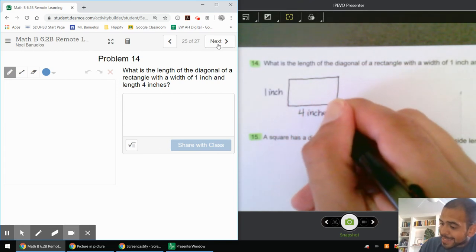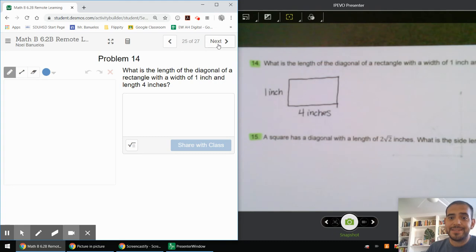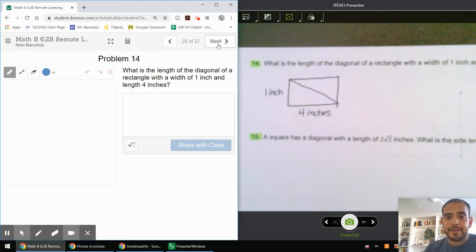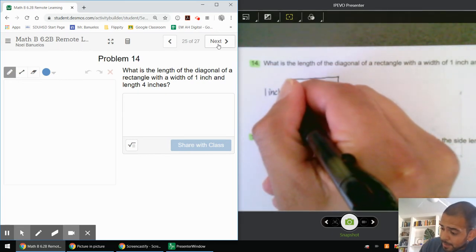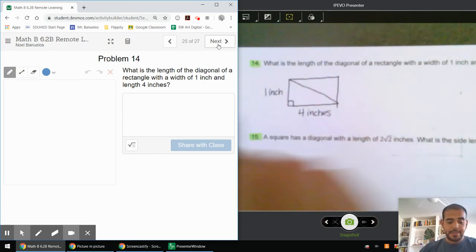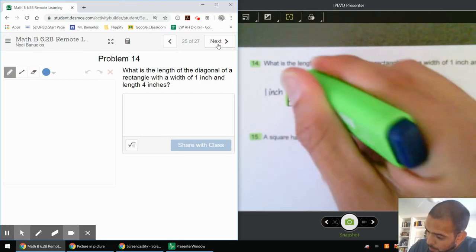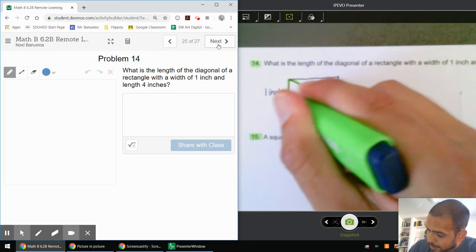And it's asking me, what is the length of the diagonal? Well, luckily we just learned the Pythagorean theorem. We can figure this out, because this forms a right triangle.